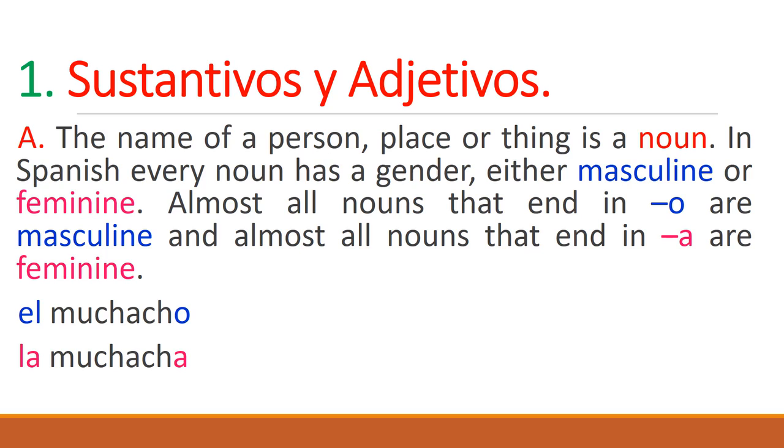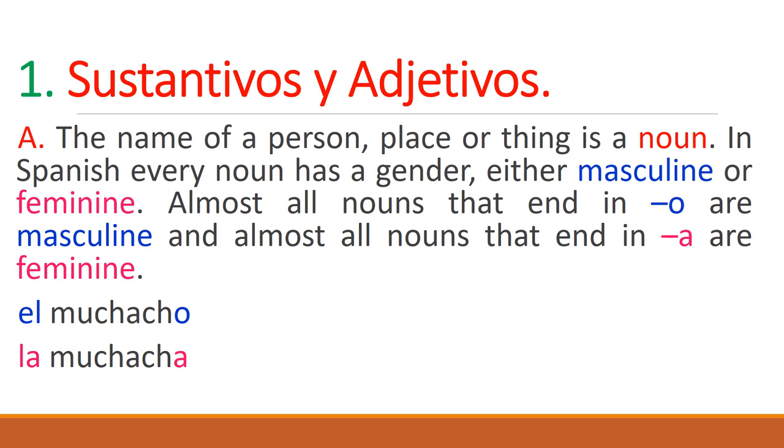Those are considered nouns. The only big difference is that whereas in English we don't have a gender, in Spanish every noun has a gender, either masculine for masculino or male, or feminine for femenino or female. Now almost, that's your keyword, almost.